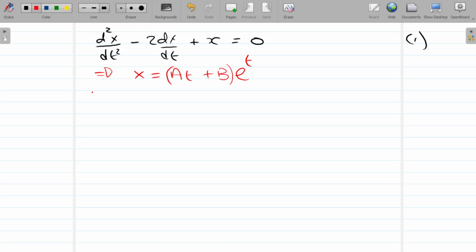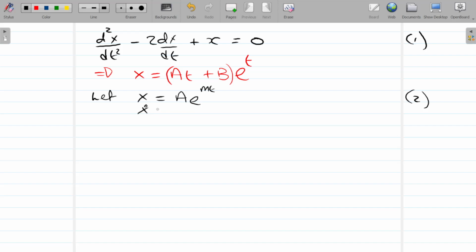So what we're going to do is we let x be equal to a e to the mt, and we'll call that equation 2. Now, we differentiate equation 2 to get x dot.